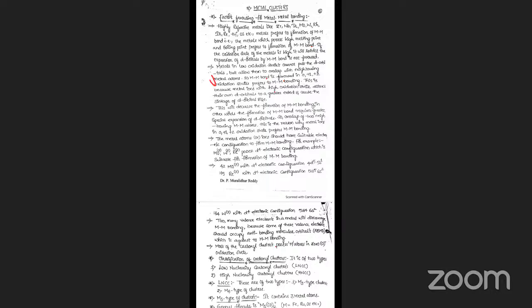Metals are sometimes neutral. Mostly the neutral metals, that means there is no charge on the metal, form clusters. Or mostly plus one, monovalent metals, are preferred for the formation of clusters, and plus two, bivalent metals. Mostly the metal is in the zero oxidation state.